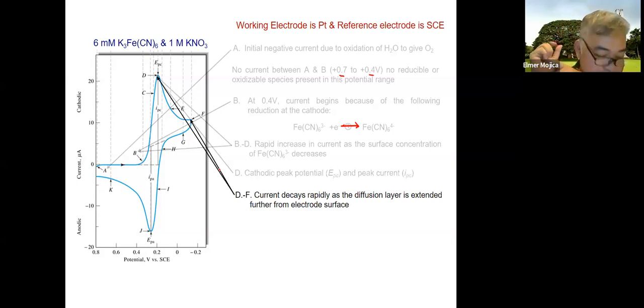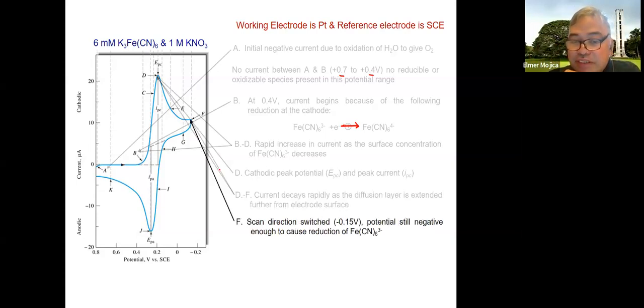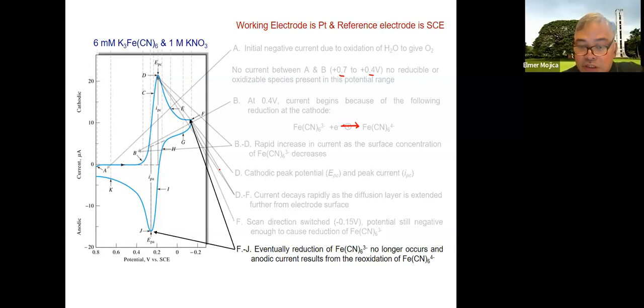The current decreases rapidly as the diffusion layer is extended farther from the electrode surface, and the scan direction would switch. So from the negative 0.15 volts, it will now go to a more positive one. The potential that you have there is still negative enough to cause the reduction of your material. And then what happens if you switch in the opposite direction?